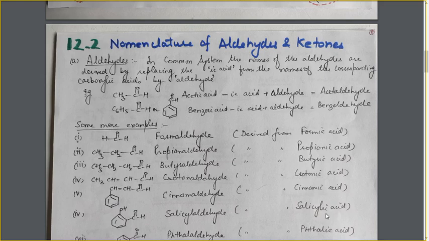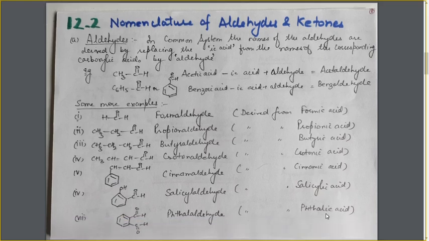Now let's move to the nomenclature of aldehyde and ketones. First of all, we see the common names of the aldehydes. The common names of the aldehydes are generally derived from the names of the corresponding carboxylic acid, that is, carboxylic acid having the same number of carbon atoms.